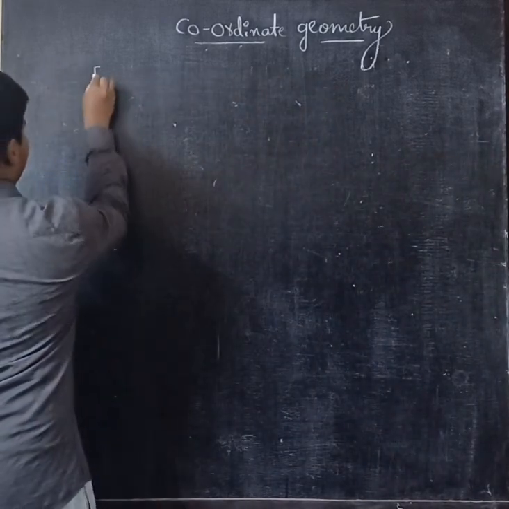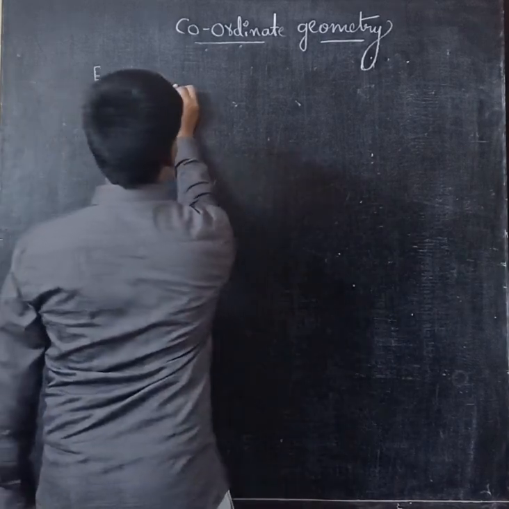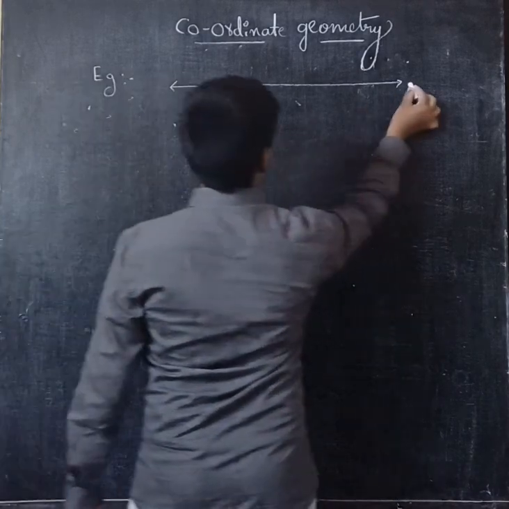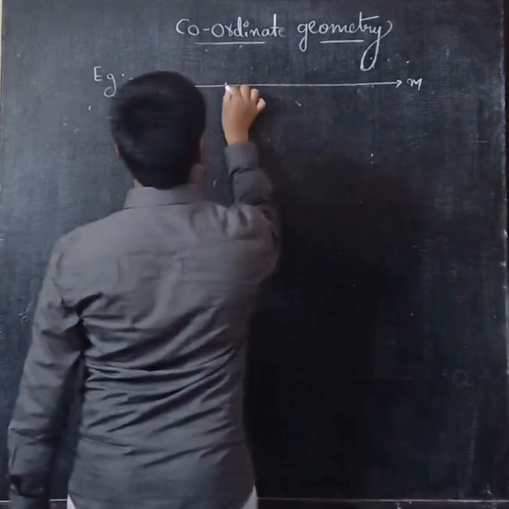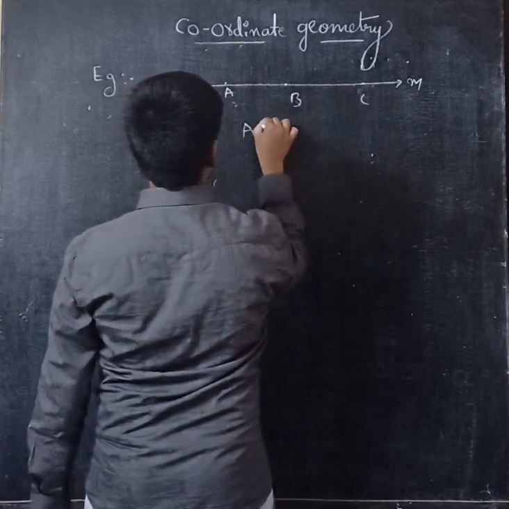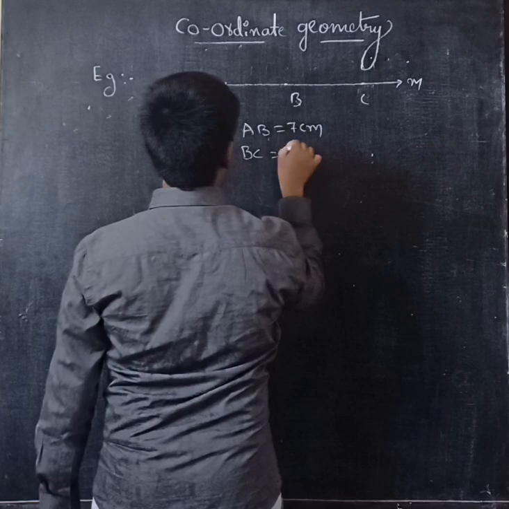And if we take an example, line M, A, B, C, AB is equal to 7 centimeters, BC is equal to 5 centimeters.